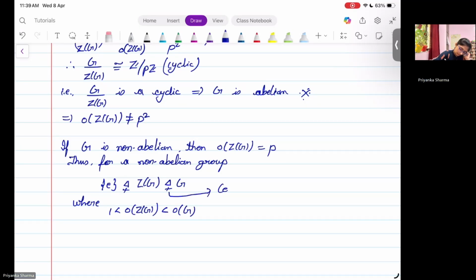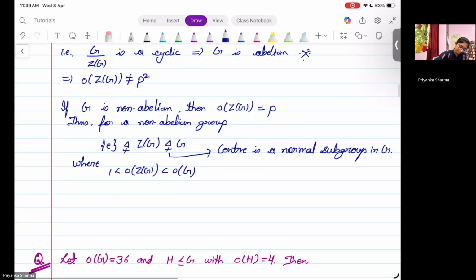Because the center is a normal subgroup. So we have, other than the identity and G, a normal subgroup in G. So G is not simple.